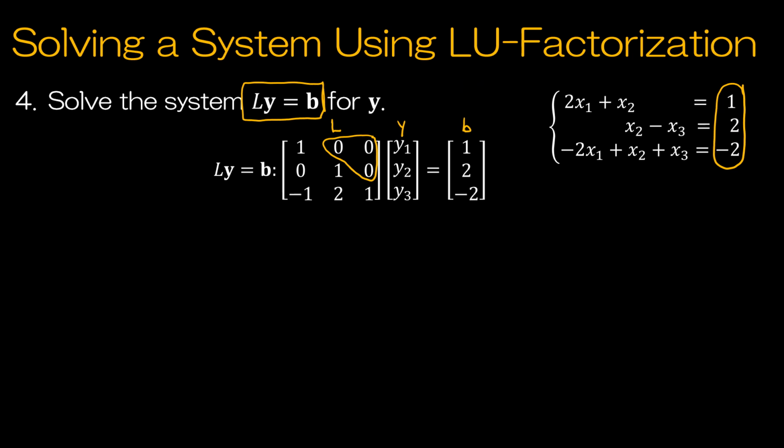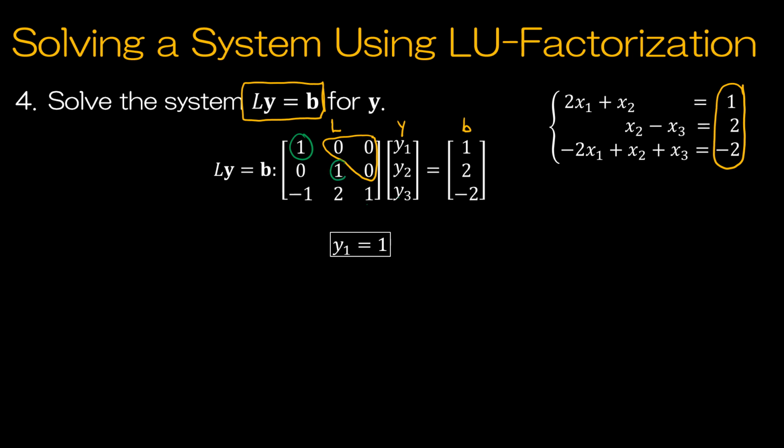Now, what am I trying to do? I'm trying to solve for Y. So I want to find what does y1 equal, what does y2 equal, what does y3 equal. Now, the good news is I can use something called forward substitution. In back substitution, that's where we have the zeros here, right? And we can say, well, this last one is equal to -2 and so forth. Well, in this case, because it's a lower triangular matrix, I'm going to say y1 is equal to 1 without doing any work.